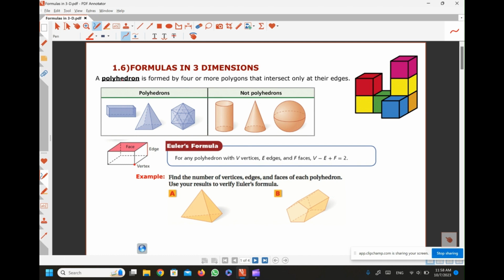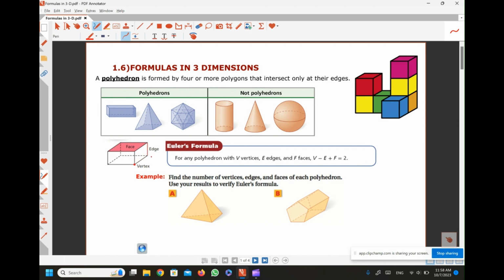Okay, and when we talk about polyhedrons, we're going to talk about the number of edges, number of faces, number of vertices. So let's talk about these elements, vertex, edge, and face first. A face is each flat surface that makes up the polyhedron: the top face, bottom face, side faces, back face, front face.